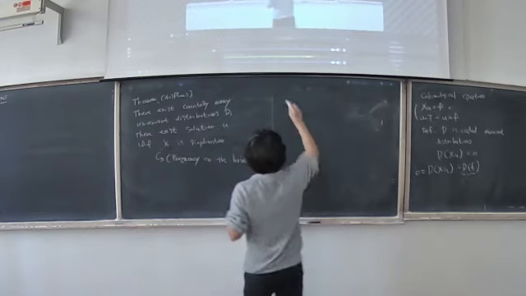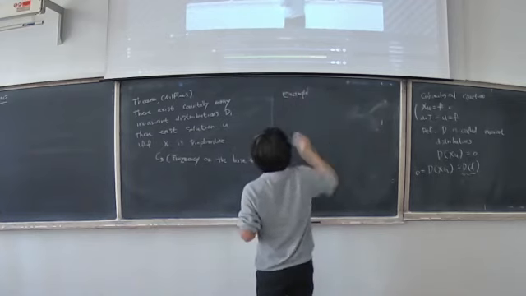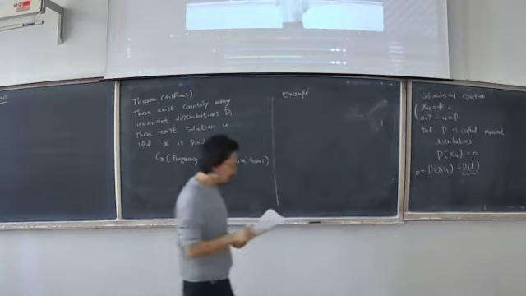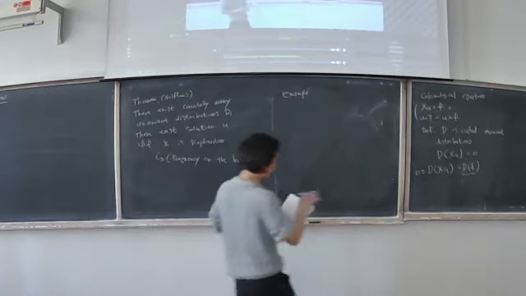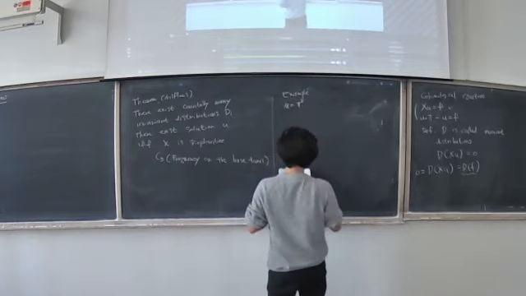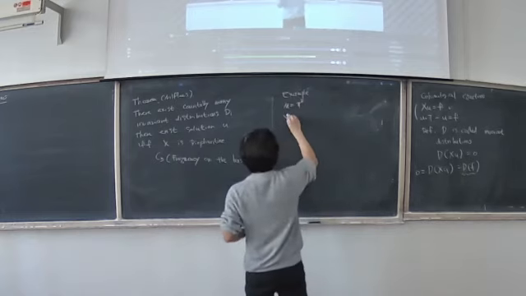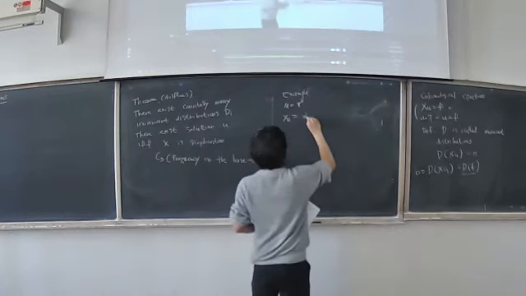Now I want to give the idea for the torus. So if the manifold equals T^2, then you can choose X_alpha as (alpha, 1).